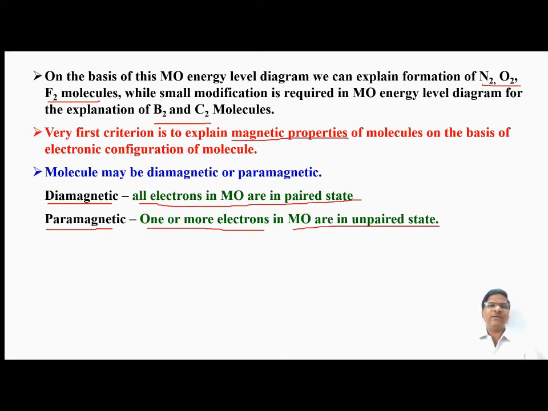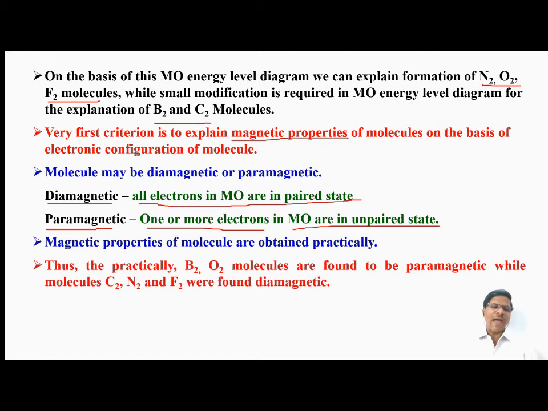So for these 5 molecules, the magnetic properties are studied first. The magnetic properties of these molecules are known. The magnetism is obtained practically, and afterward the molecular orbital energy level diagram is explained.